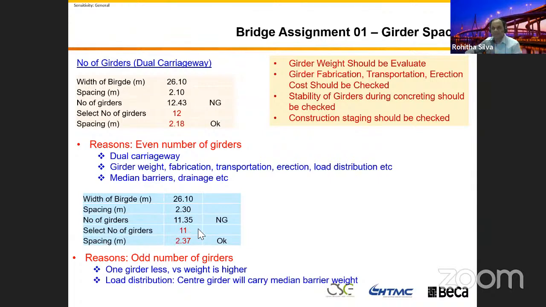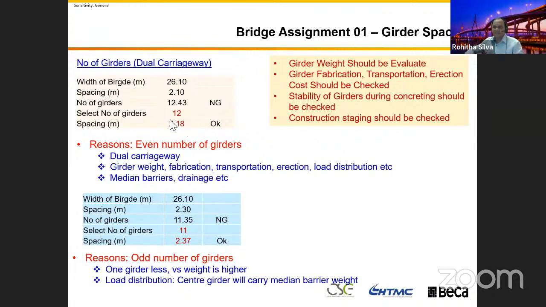It should be a round figure. We select 11, then girder spacing is 2.37. This is quite close to 2.4 meter. If it is a super T girder, of course, it is ideal. Even I girders you can design with that.